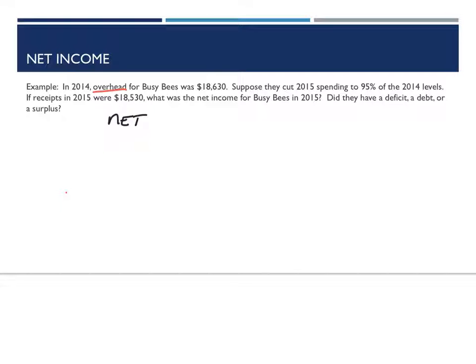Well, let's keep track of our formula. Net income is equal to receipts minus the outlays. We're wanting to know the net income for Busy Bees in 2015. So, the receipts for 2015 were $18,530.